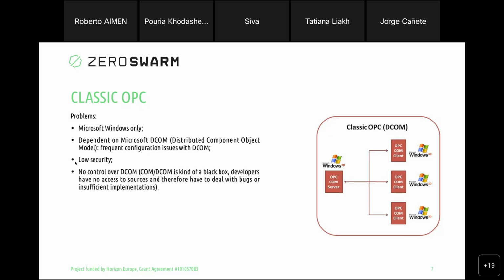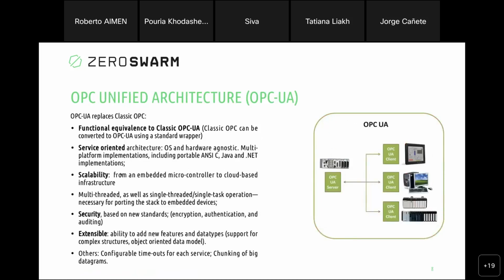And then, depending on the DCOM technology made it also very difficult to deal with bugs in the code and delays, because you are always depending on Microsoft. So to try to solve this, they created the OPC Unified Architecture, or OPCUA, for replacing the classic OPC.